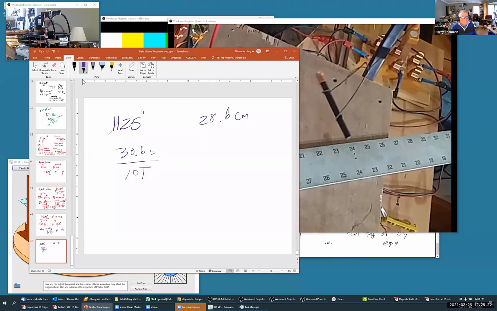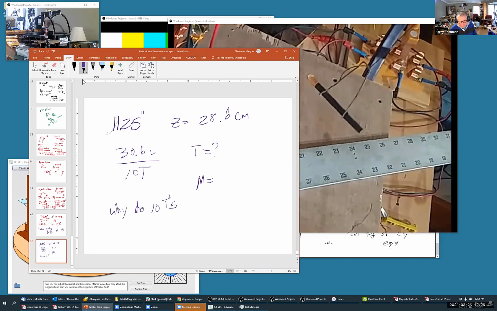So that means you can figure out T. I've given you the Z, and now I have to measure the mass for you. So one of the things you need to answer, and I think it's in the lab manual, is why do 10 T's? We'll be looking for that.